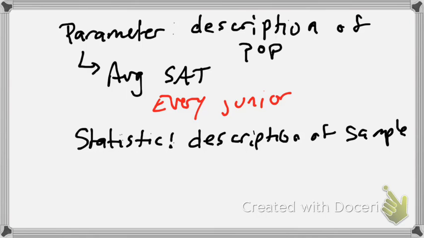If we talked about the Frankenmuth SAT, this is different because now we're not talking about every single SAT. We're talking about the Frankenmuth juniors' SATs. So this would be a statistic because we're talking about a sample of the entire population, right? The average SAT is talking about every single junior. Frankenmuth's average SAT is talking about the juniors in Frankenmuth, which is a subset of all of the juniors everywhere. Okay? So that's what we're talking about with that.